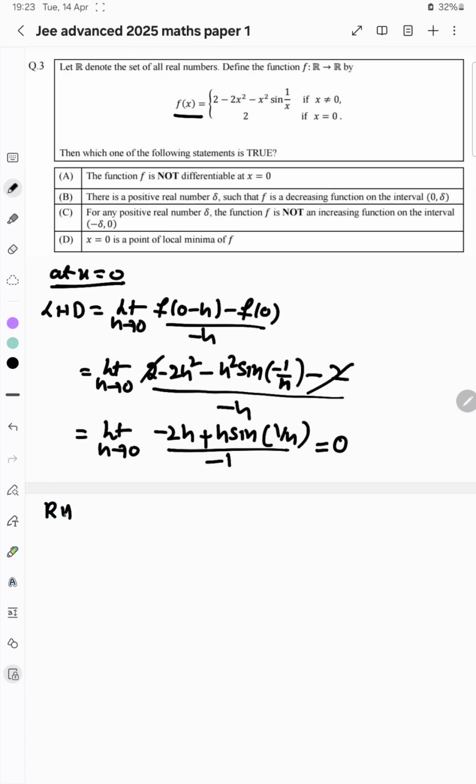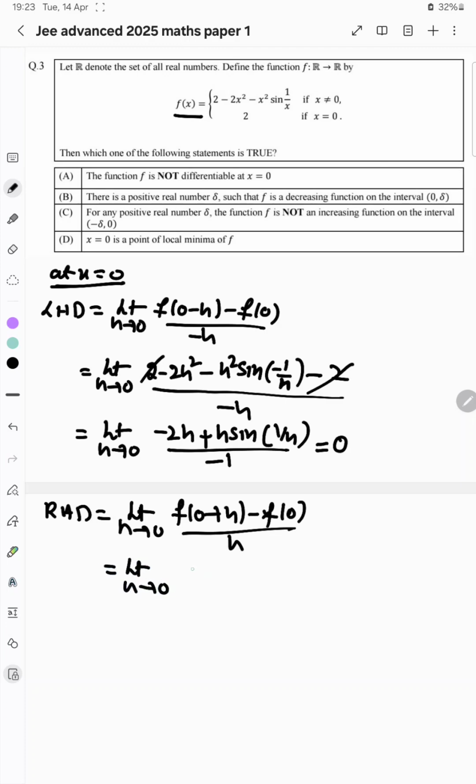Similarly, the right hand derivative, limit h tends to 0, [f(0 + h) - f(0)] / h. Now substitute, f(h) means 2 - 2h² - h² sin(1/h), minus f(0) which is exactly 2, by h. Minus 2 plus 2 both are cancelled.